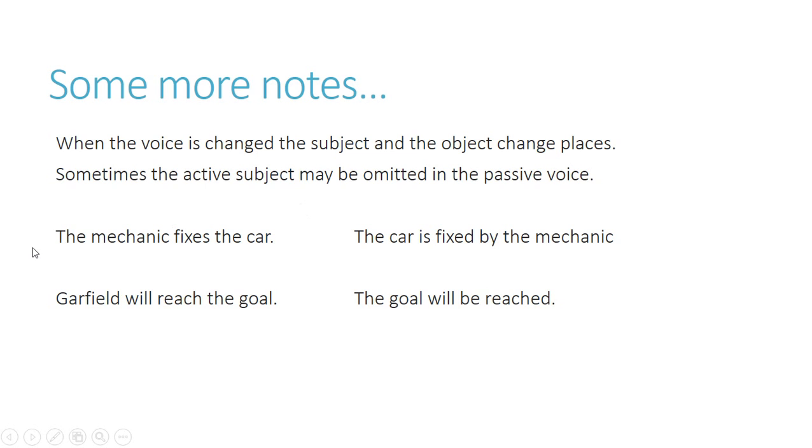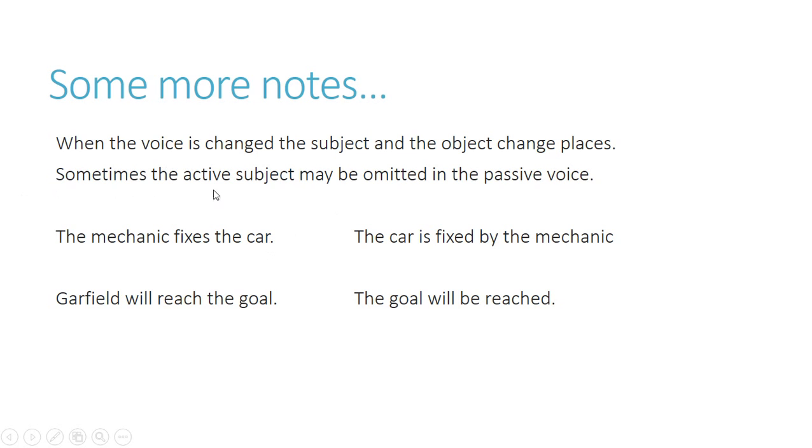Let's see the first examples that we have here. The mechanic fixes the car. This is the subject, this is the object. So they are gonna change places. The car, if you see the place where the subject was placed, is fixed by the mechanic. You have mechanic here in the place of the car.